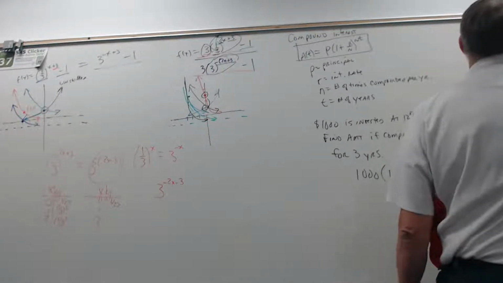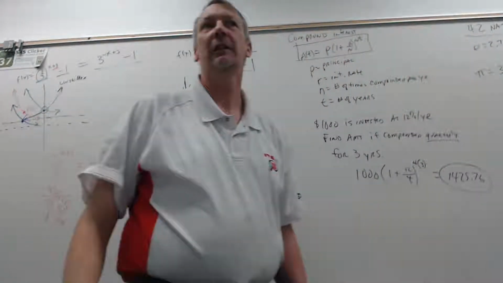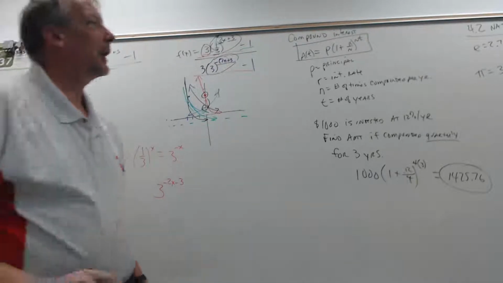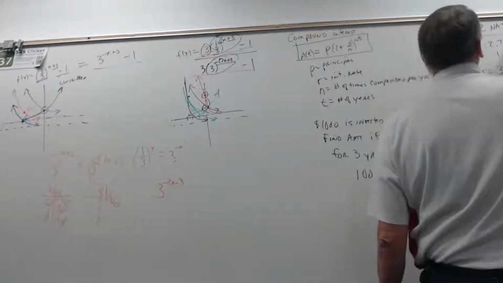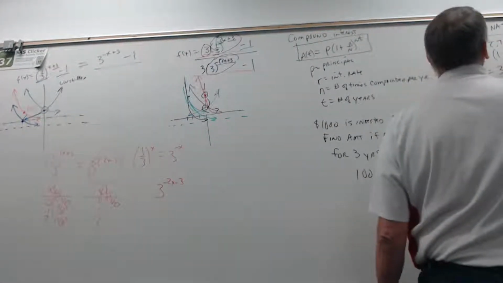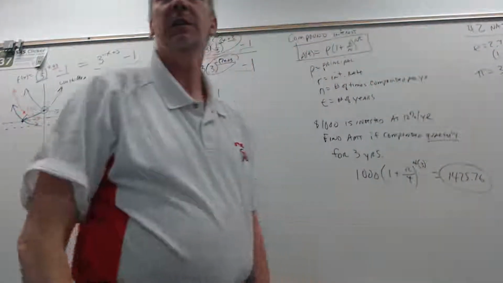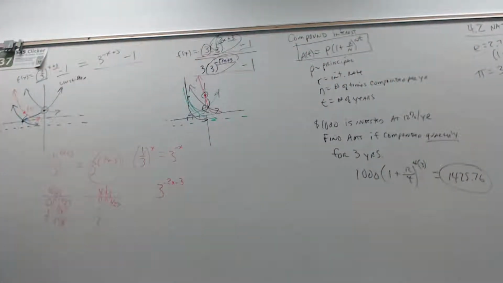It goes on forever. If you take 1 plus 1 over n to the nth power, it equals that number there, 2.71828. And it's used a lot in higher math classes.